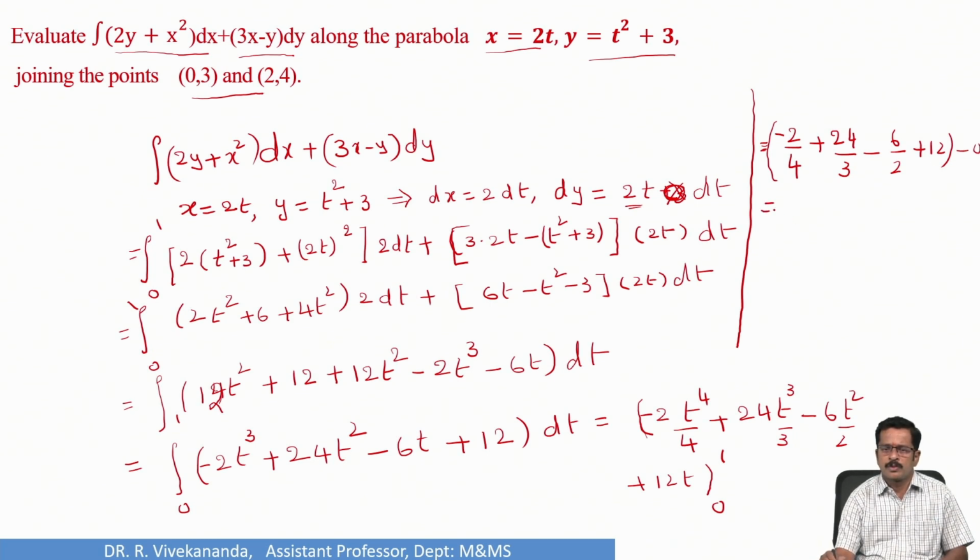Which is equal to minus 1 by 2 plus 8 minus 3 plus 12, which is 12 plus 8, 20 minus 3, 17, 17 minus a half, that is 33 by 2. So this is the value of the integration along the parabola joining the points 0, 3 and 2, 4.